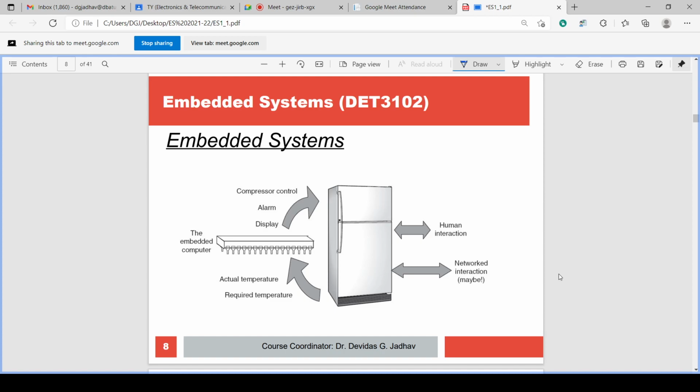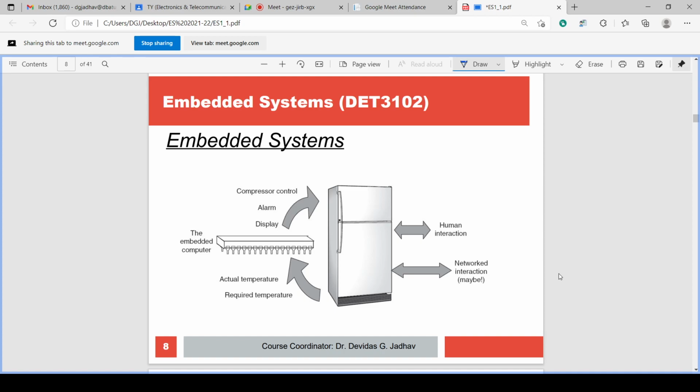Due to compression, heat is exchanged and this cooled medium is then circulated in the refrigerator. This is the basic functioning, but add-on functions are there: one to start the compression automatically, one to sense the temperature, one to sense the vegetables, and many more smart functions can be incorporated. So the compressor control can be given.